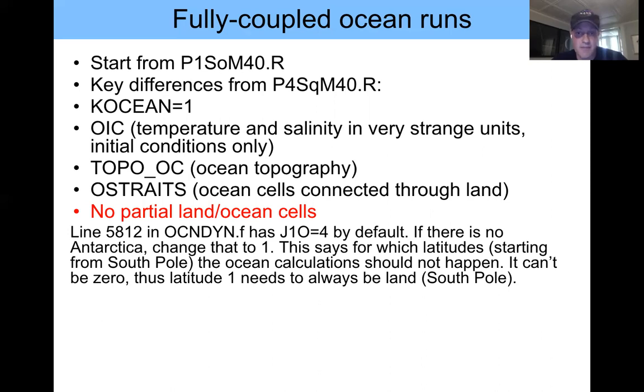If you skip a bit down in your run deck to the parameters section that Kostas described, you will see different parameters and options related to the ocean. For example, K ocean equal 1 indicates to your model that there's an actual ocean to compute at every time step.